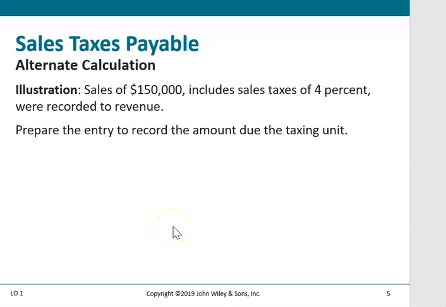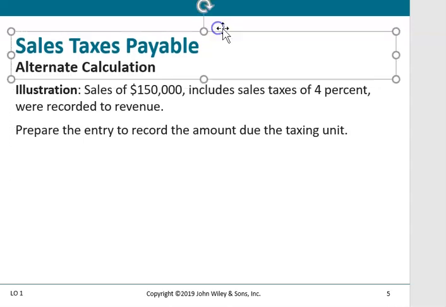Let's take a look at an example here. Sales of $150,000, including sales taxes of 4%, were recorded to revenue. So over the course of the accounting period, every time the company had a sale, it recorded the entire amount charged to the customer, including sales taxes, to revenue.